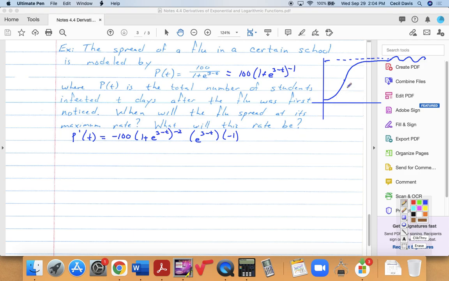And I think you can see pretty clearly here the derivative is always positive for a logistic curve like that. So this would be, if I rewrite it more simply, 100 times e to the 3 minus t over 1 plus e to the 3 minus t squared.